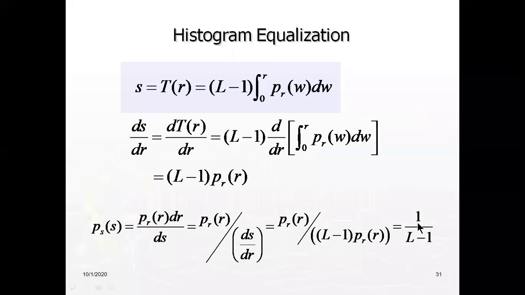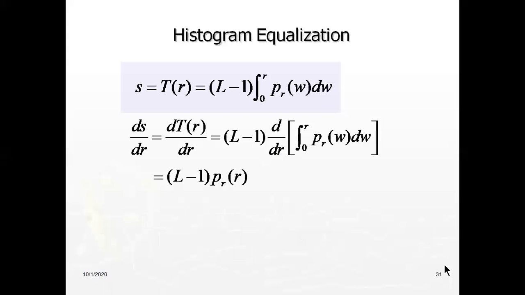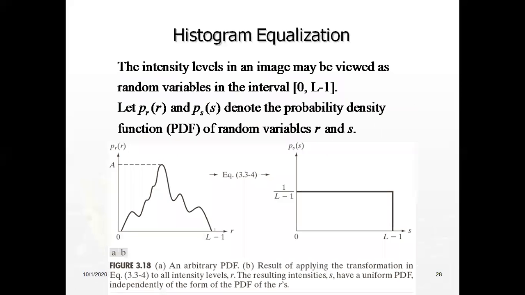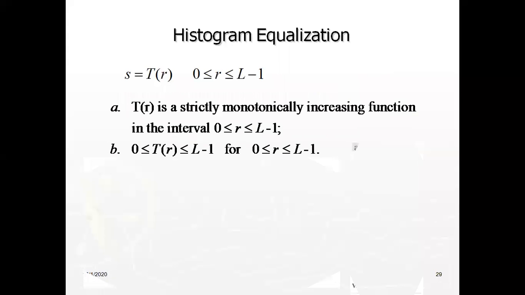So this is a constant value. p_s(s) is a constant value, and that is what is shown in the figure over here. So p_s(s) is a constant value throughout when s takes the value 0 to L minus 1. So that's what we have got there.